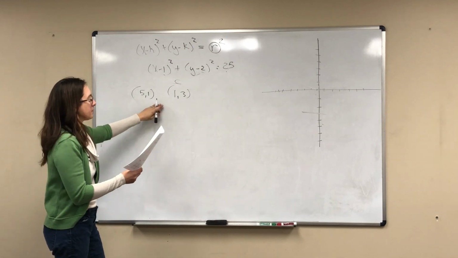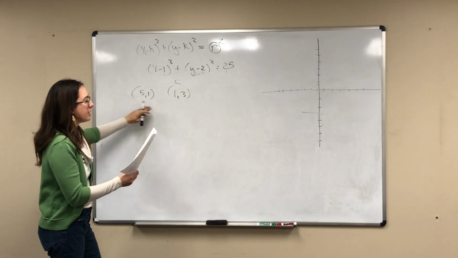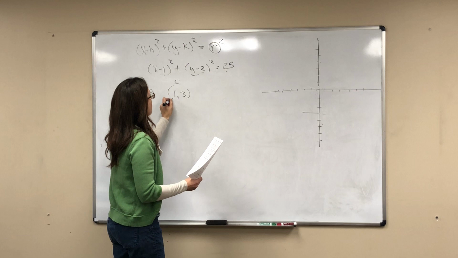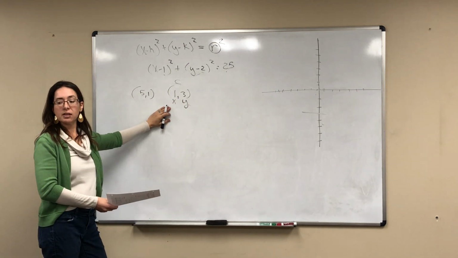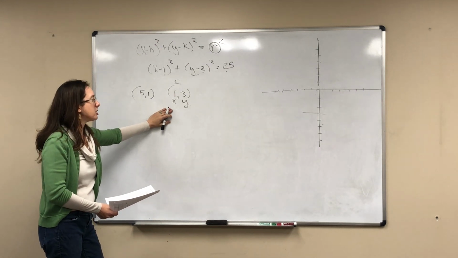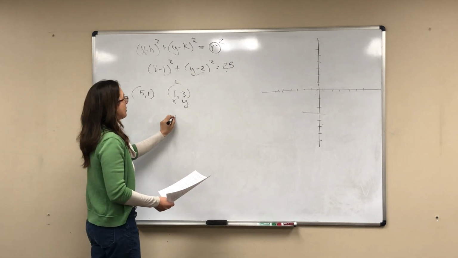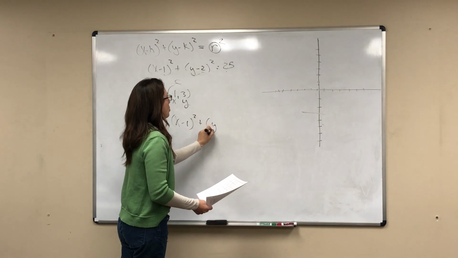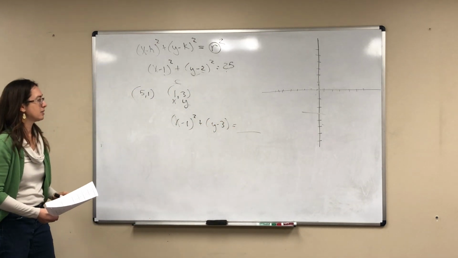I know 1, 3, so I'm going to label it X and Y. This was something that I noticed got messed up on some homeworks. X is always first, Y is always second. So I'm going to do X minus 1, Y minus 3, and now I need to know my radius.